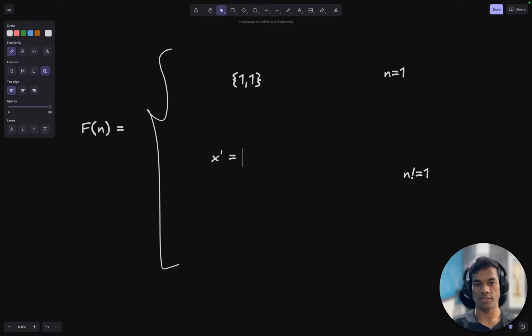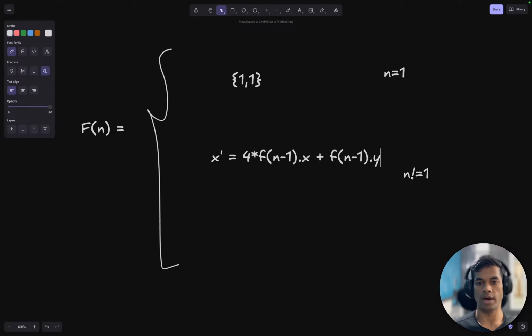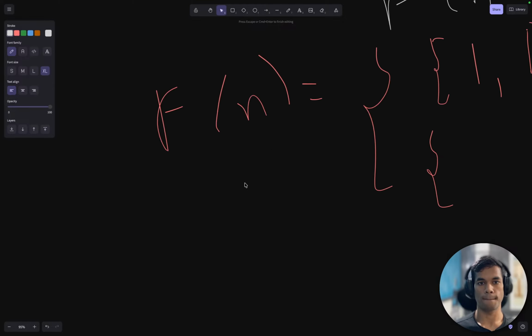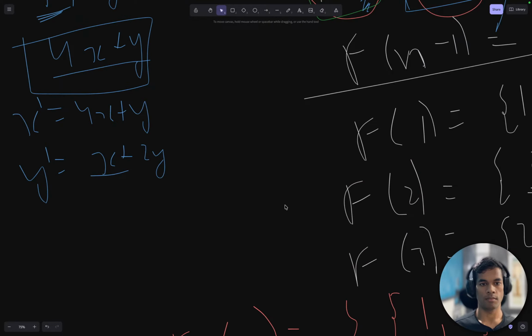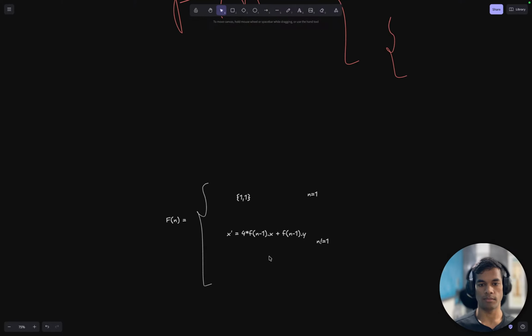Where x dash is going to be f(n minus 1).x times 4 plus f(n minus 1).y, and then x plus 2y.